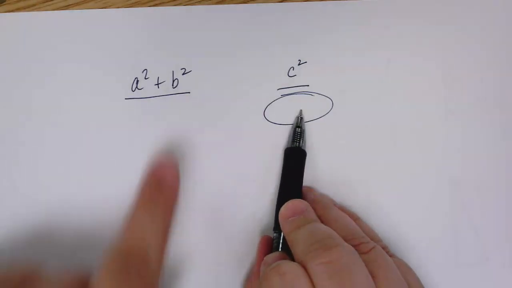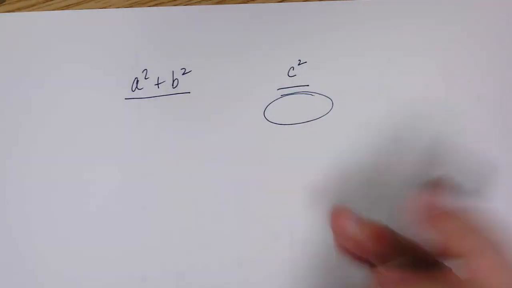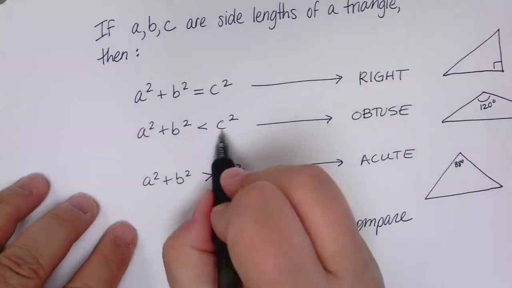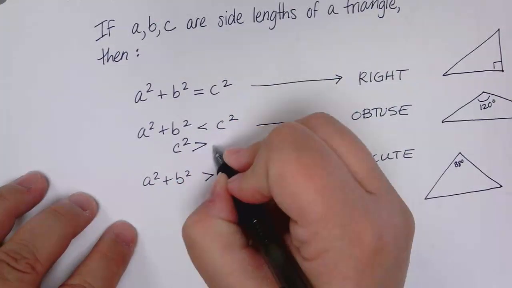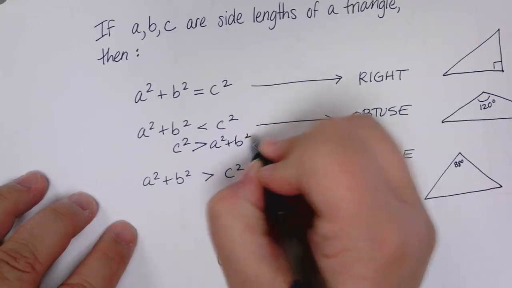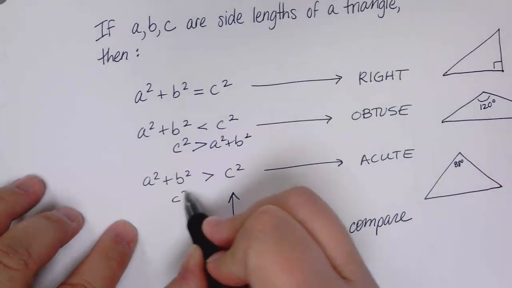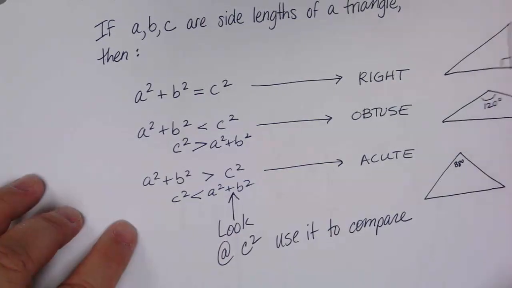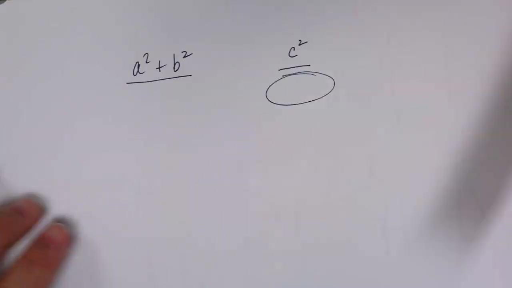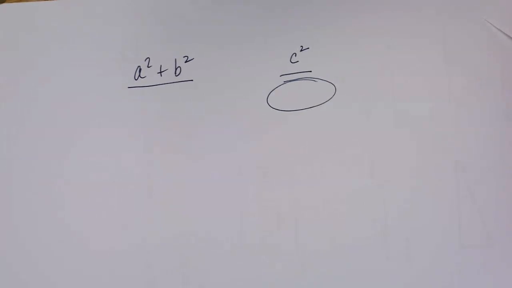If it's smaller than these, acute. What? Well, because look at this. If I turn this around, this says that c squared is bigger than a squared plus b squared. And this says that c squared is smaller than a squared plus b squared. So if we think of it from the perspective of c squared, then it kind of makes sense in terms of size. Let me give you a couple of examples.